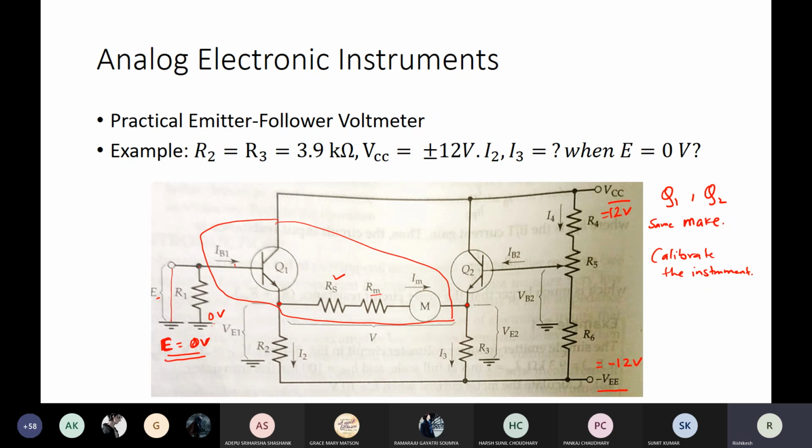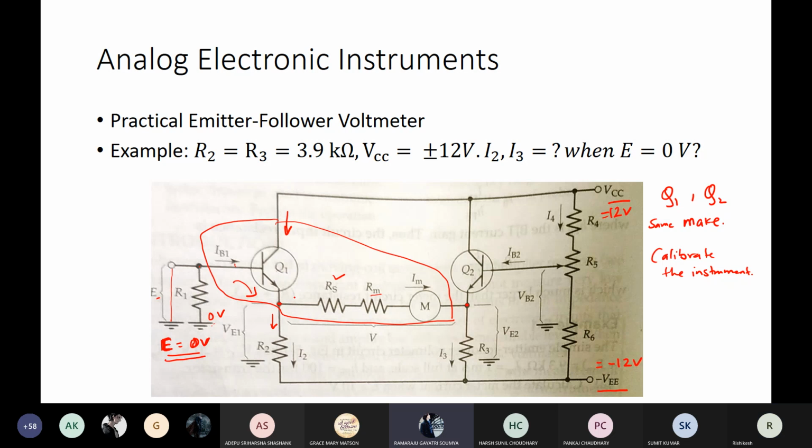So with respect to this, it is at lower potential. In that case, this transistor will conduct, and the current will flow through this resistance in this manner. Now, when the base is at 0 potential and this is conducting, what will be the potential at this position?